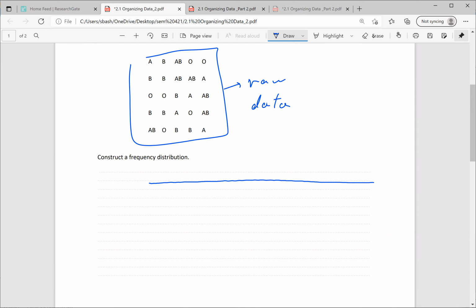That table will contain something called the classes. Then we will have the tally, then we will have the frequency.